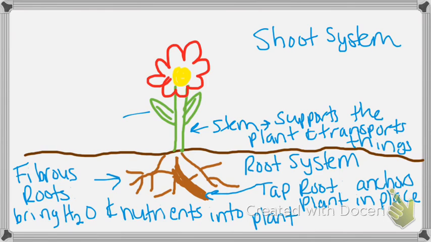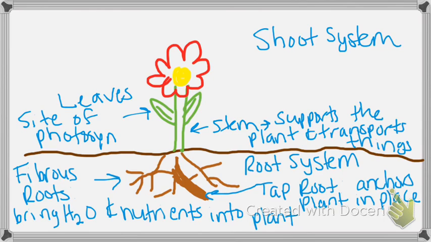We have our leaves. Our leaves are the site of photosynthesis because they are what absorb our sunlight and convert it into sugars for the plant to use.